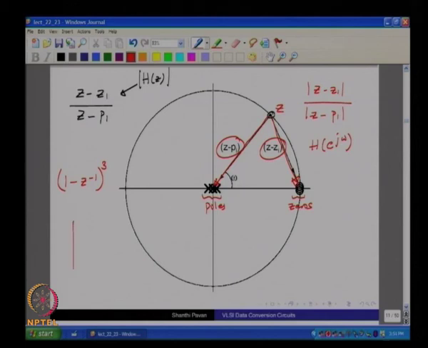Now, when we plot the magnitude of the noise transfer function, all that we are doing is going along the circle, and at each point we are drawing these vectors from that point to the poles and from that point to the zeros, and finding the ratios.